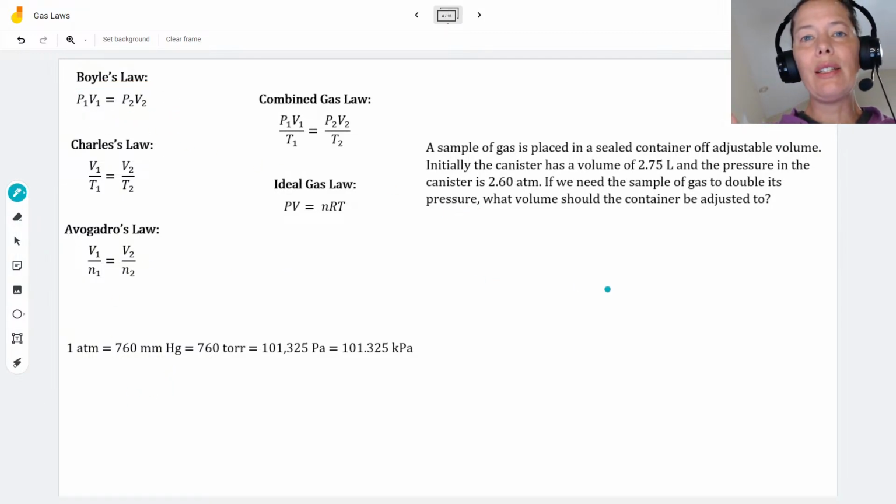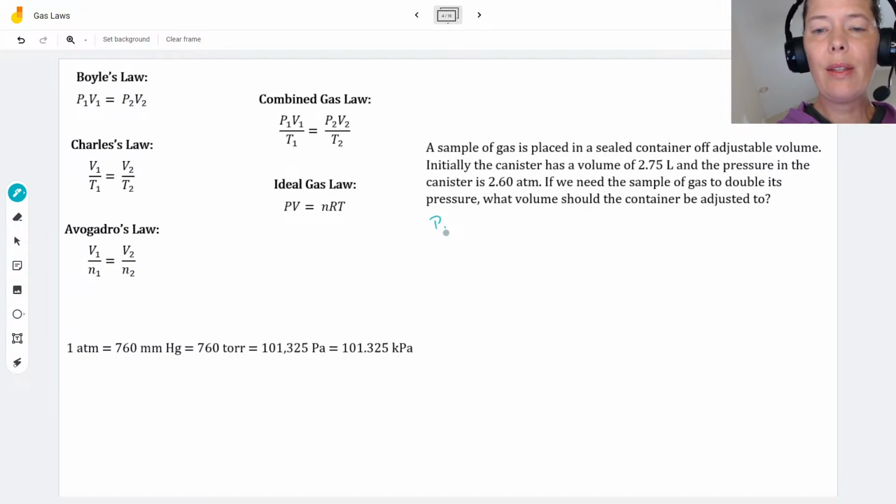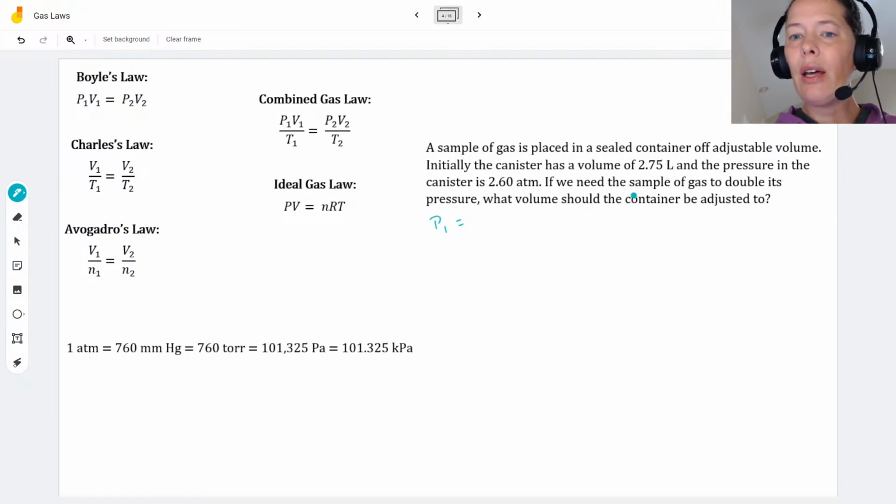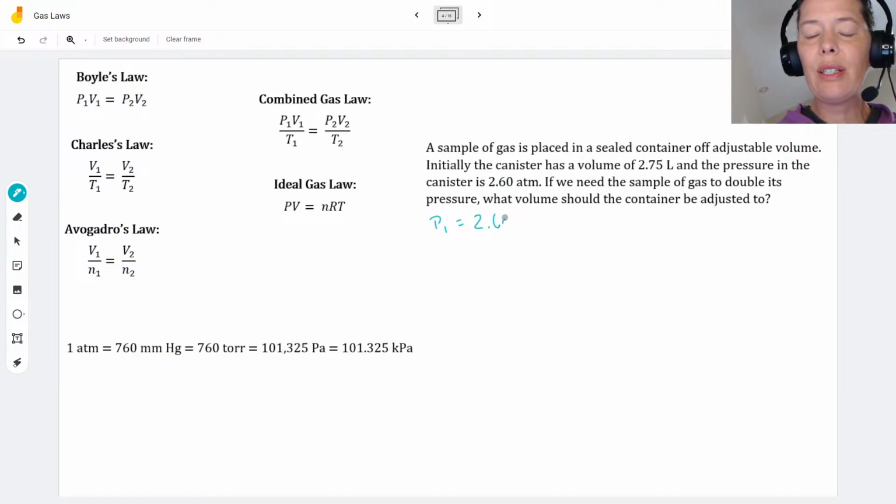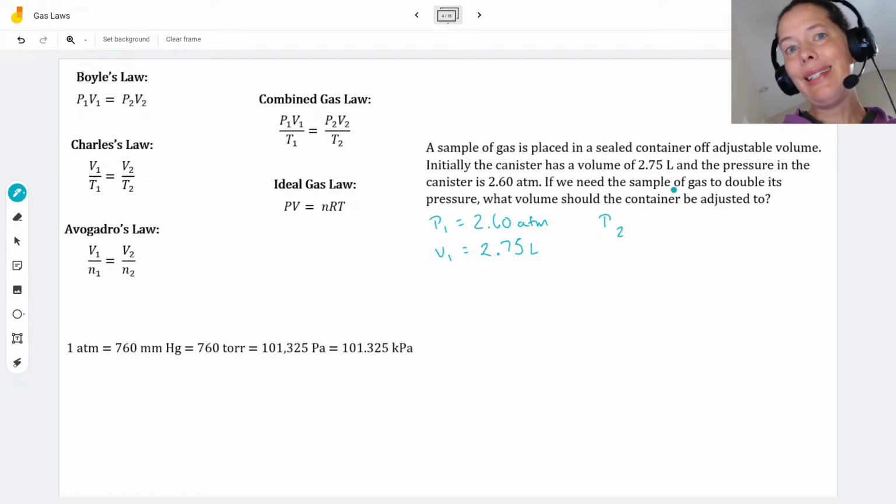Just like before, I'm going to first write down what I know, and then I'll plug it into the equation. Okay, so I have initial pressure, P1, is 2.60 atmosphere, and my initial volume is 2.75 liters. And my pressure 2, it didn't give me a number, but it said that we want the pressure to double.